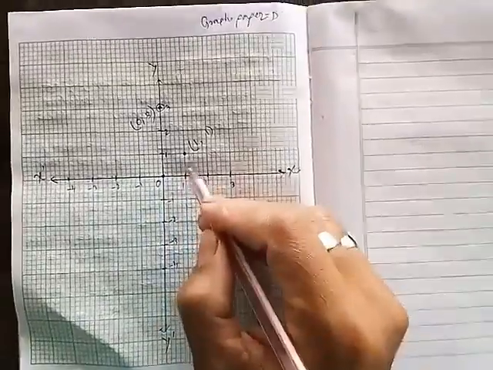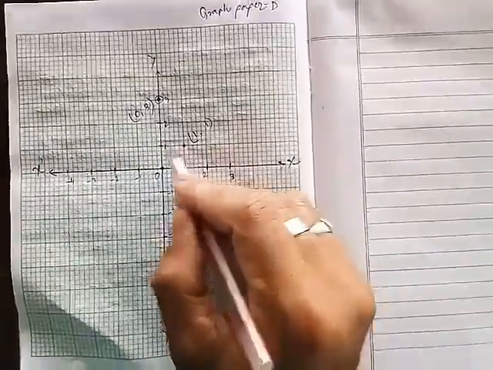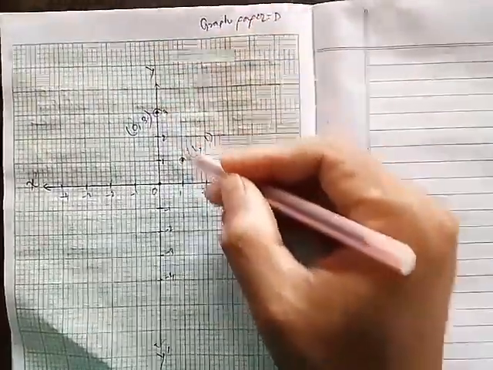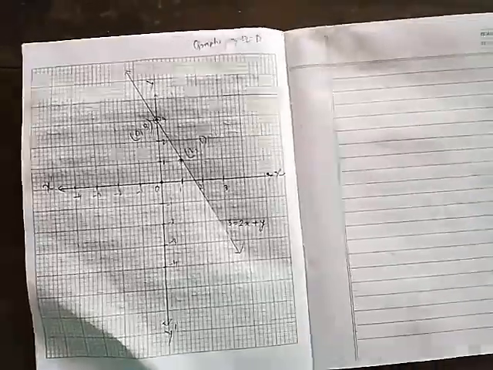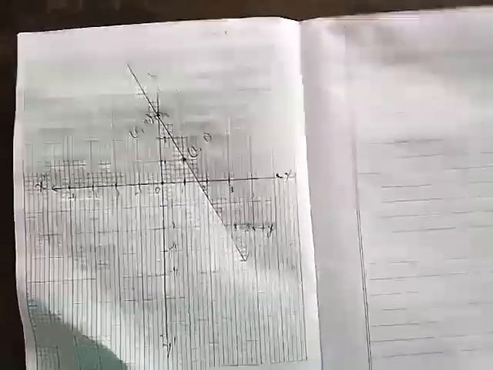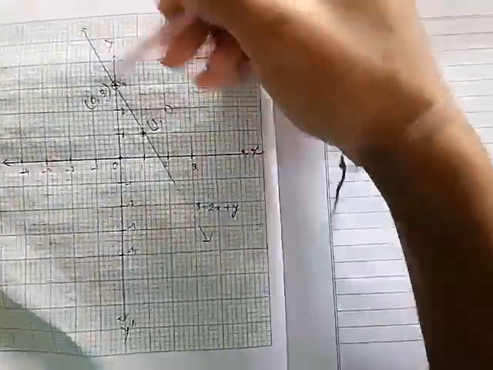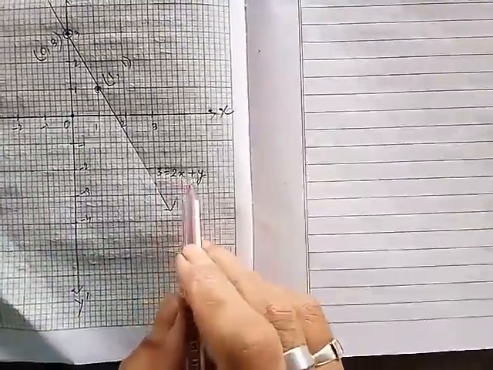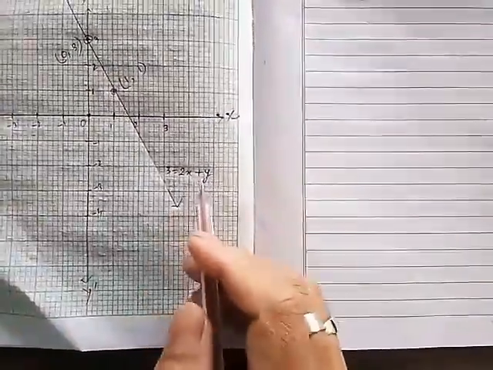Another point 1, 1, x coordinate is 1, y coordinate is 1. 1, 1 is also plotted here, and then we need to join them, and we join them with the help of a scale. I join them, and this is the graph of the equation. What equation? 3 is equal to 2x plus y.